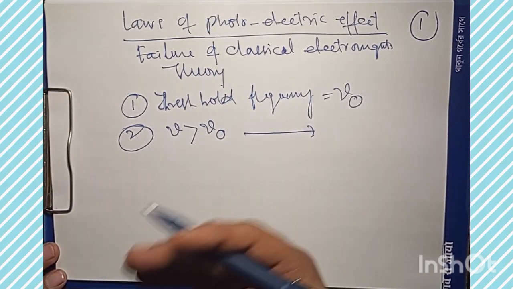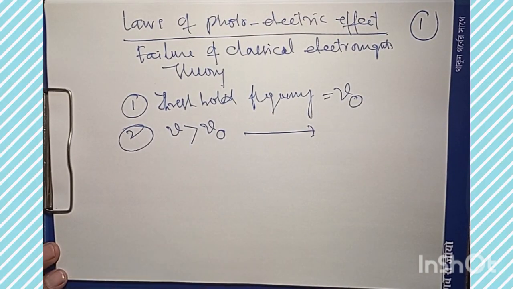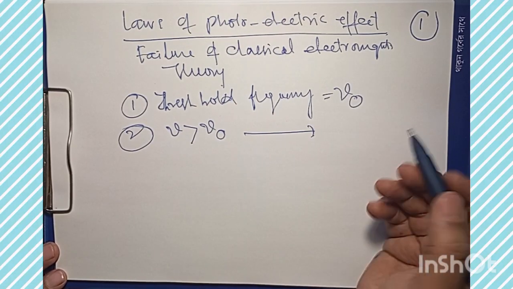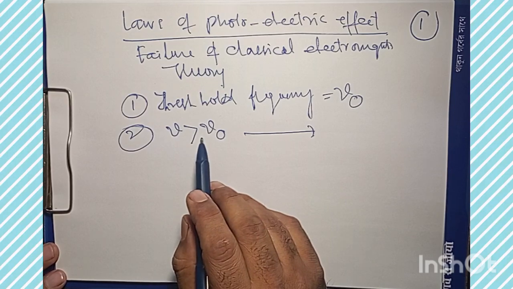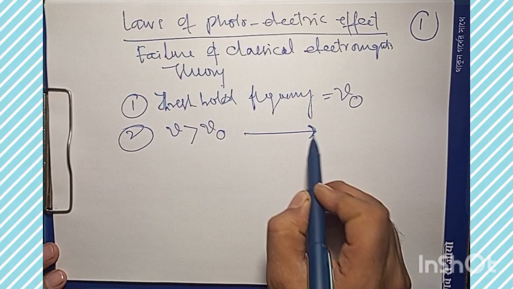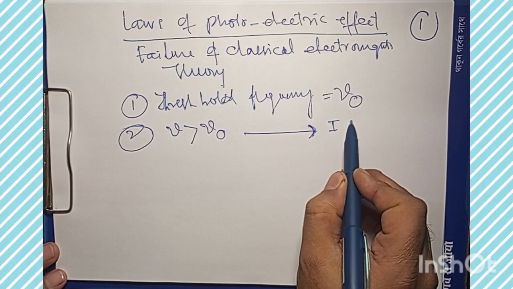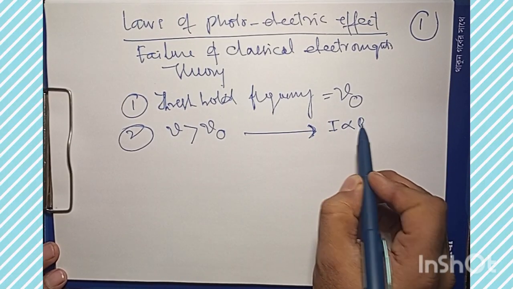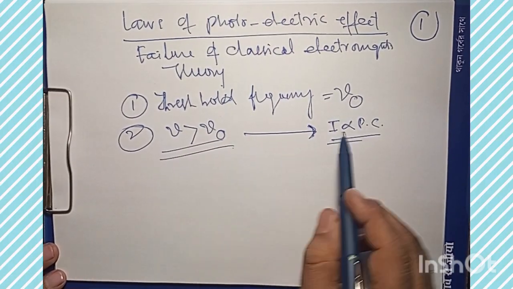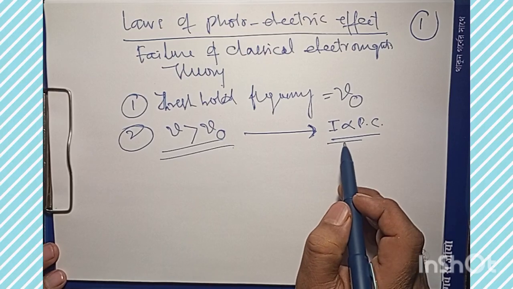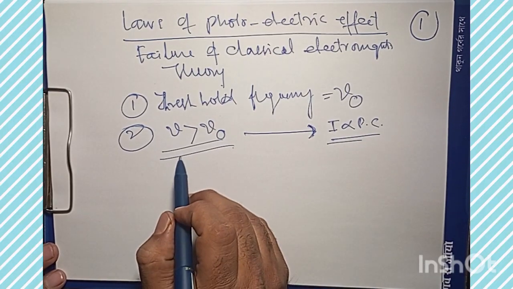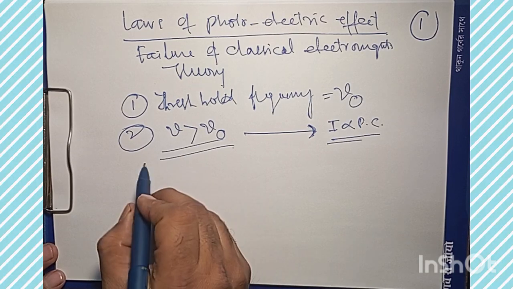That can be stated as a law of photoelectric effect that we observed when we had a graph between photoelectric current and intensity of light. This intensity of light is directly proportional to the photocurrent. But the necessary condition for this relation is that this frequency has to be greater than the minimum frequency.